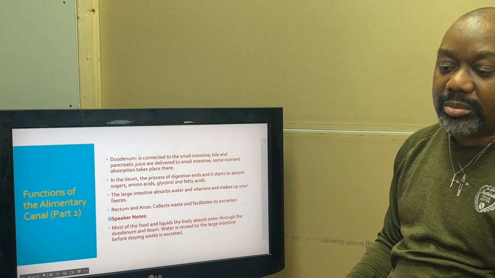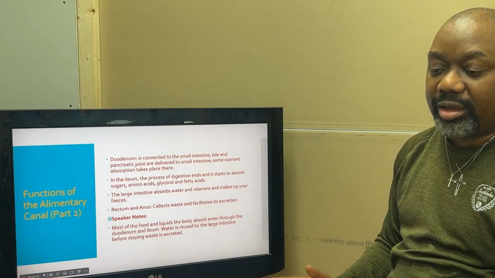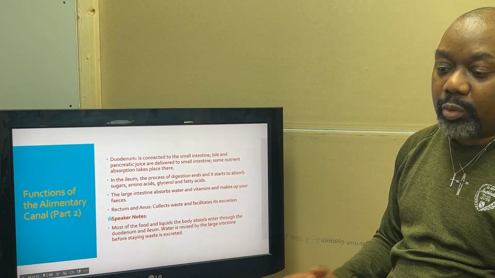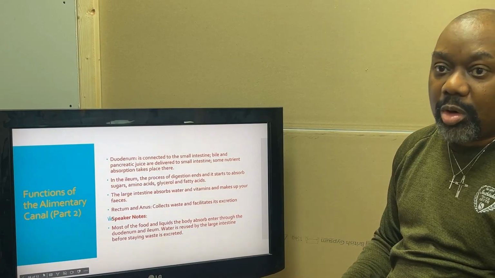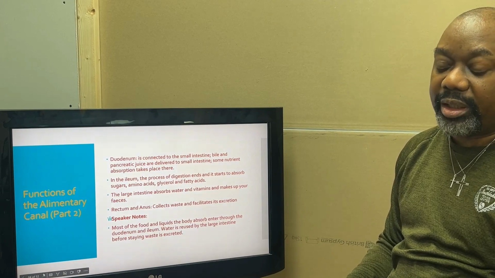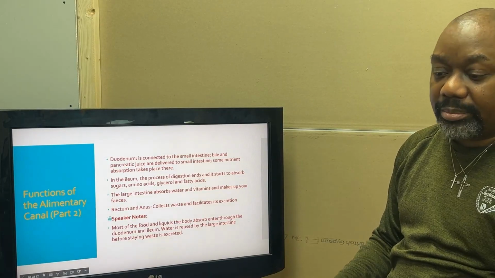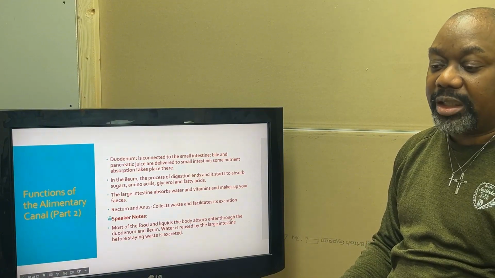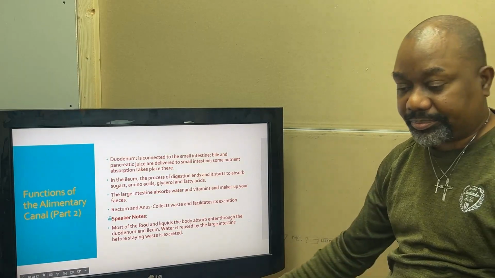Then you have the rectum, which is the last area, and the anus. It collects all the waste in our body and facilitates its excretion. Most of the food and liquids the body absorbs enter through the duodenum and ileum. Water is reused by the large intestine before waste is excreted.